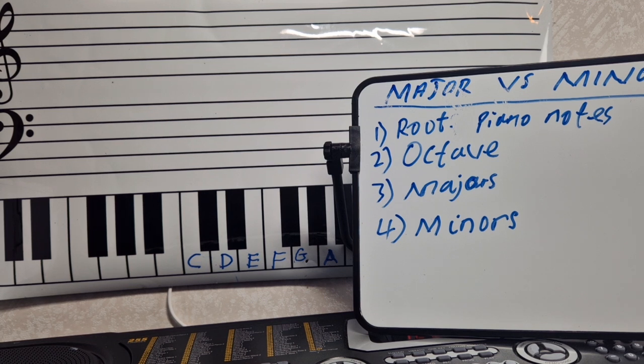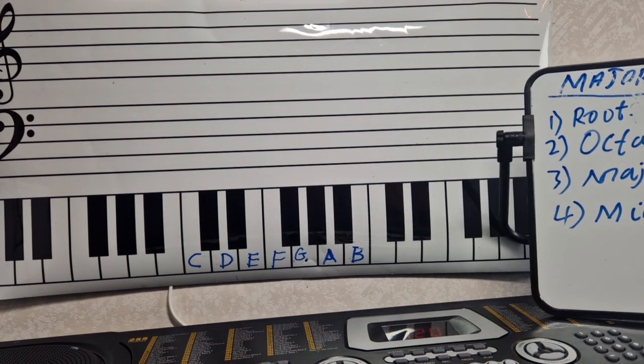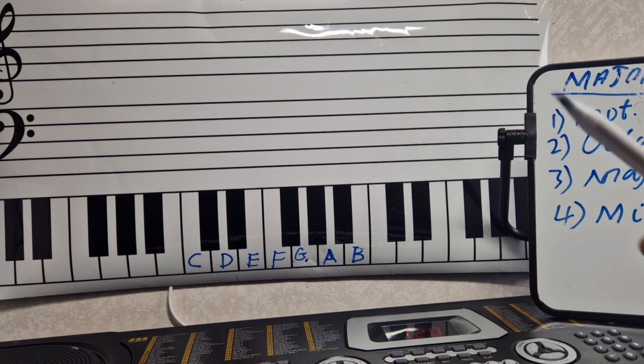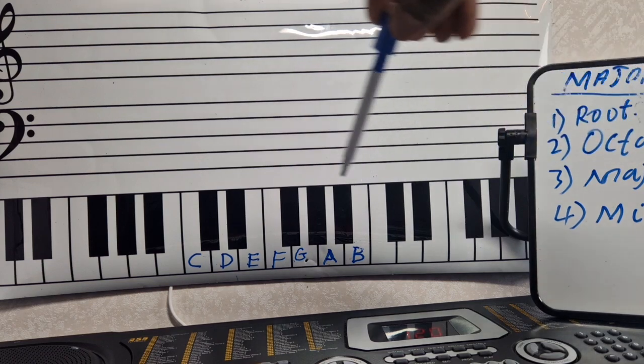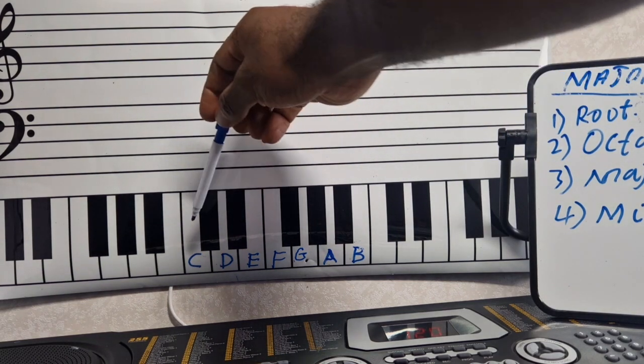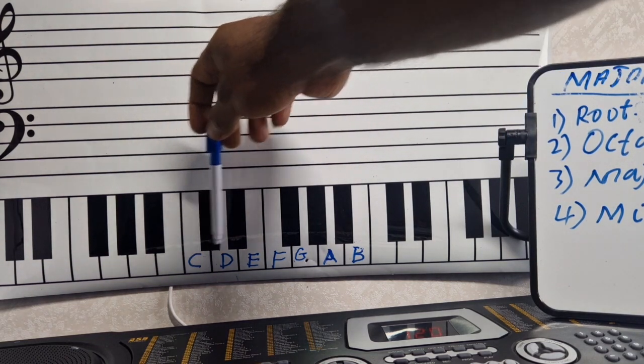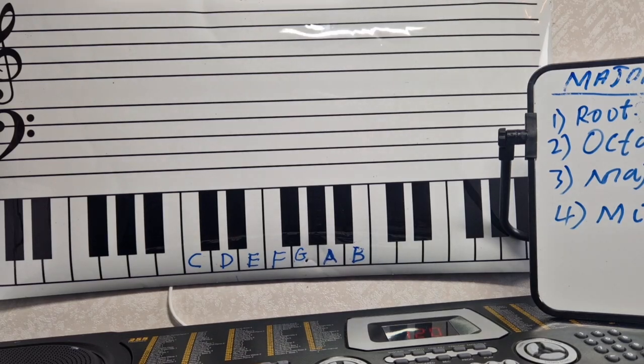Now, to begin with, what are root piano notes? So root piano note is this scale. Like I said, there are 7 fundamental piano keys, of which all the other scales of the piano are produced or made out of that root.